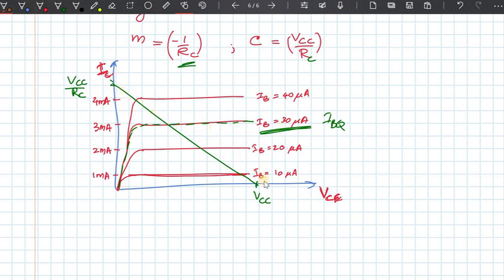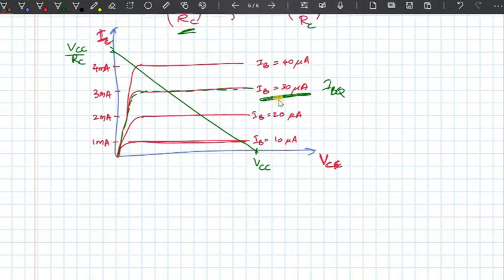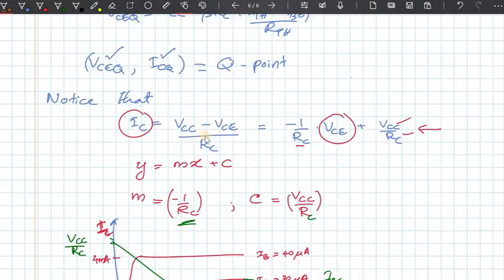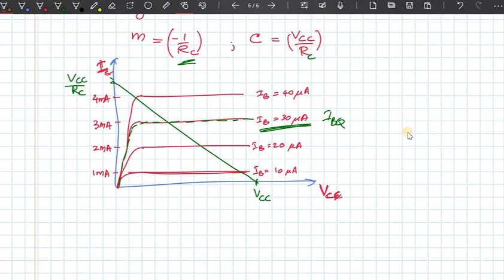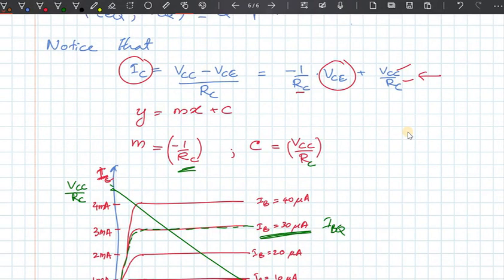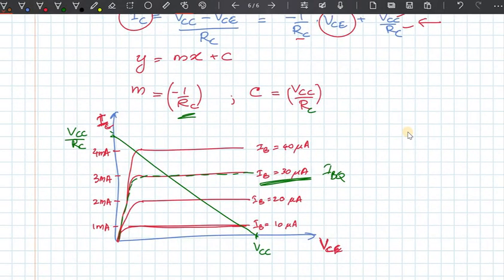So at this particular instance, it operates on both the characteristic curve as well as the straight line that we have drawn here, which doesn't depend on the transistor; it depends on the external circuit. It doesn't have any information about the transistor. All it has are the external values, RC and VCC. We typically call RC the load, so we call this the load line. Particularly because we are only looking at the DC values, we call this the DC load line.